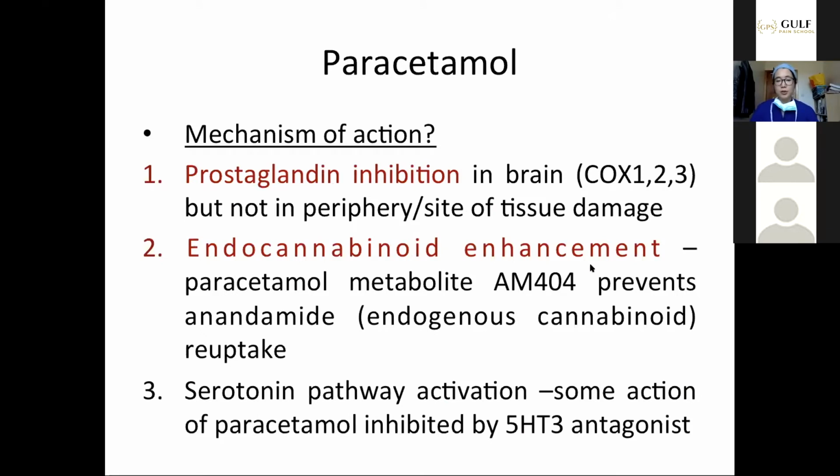And there's also another pathway suggesting that potentially it could be serotonin pathway activation. So some of the action of paracetamol could be inhibited by your 5-HT3 antagonist, your ondansetron.